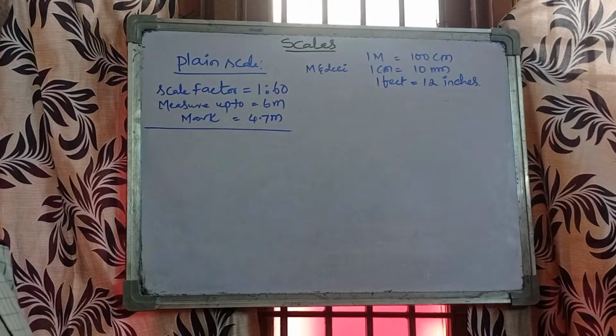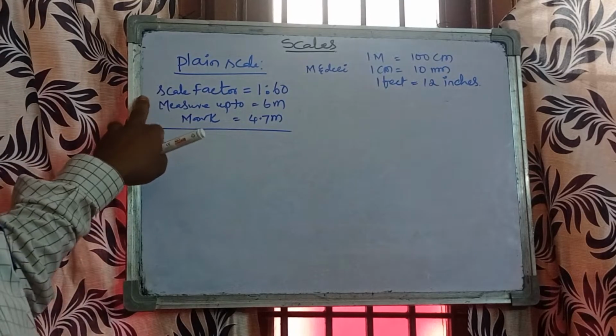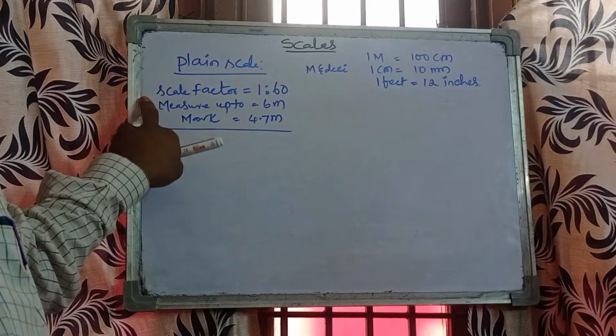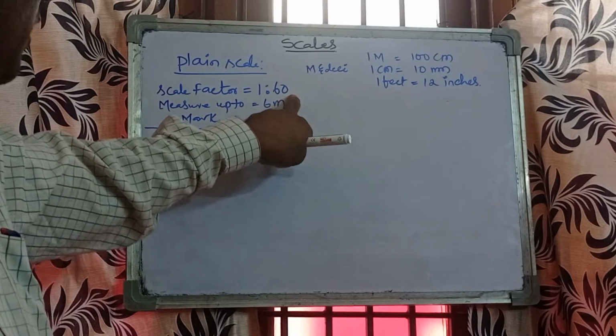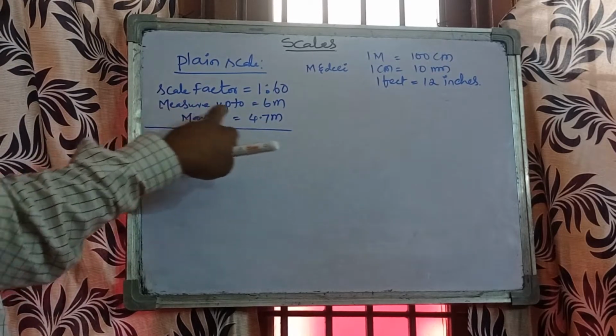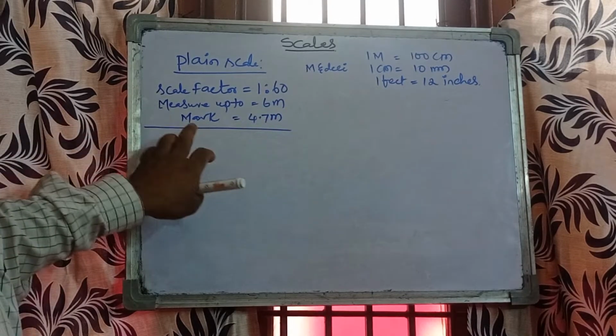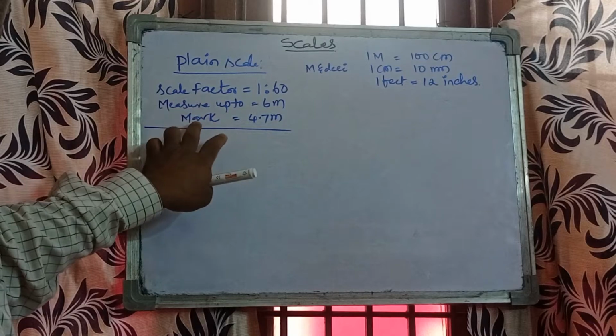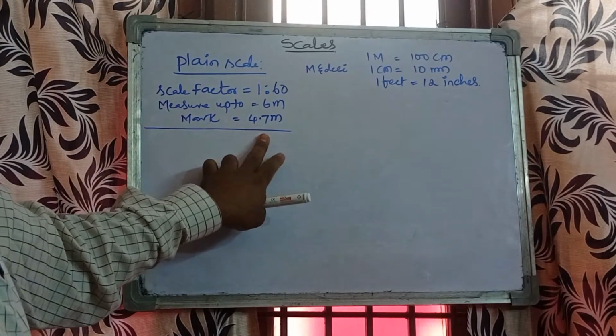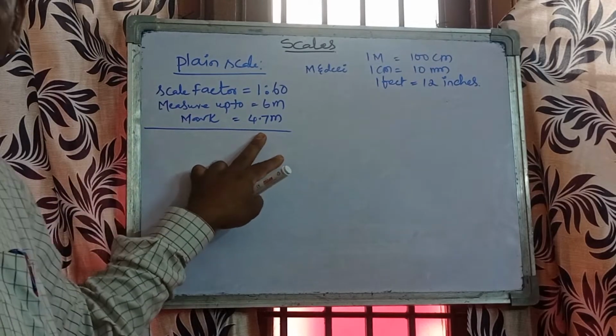Here the scale factor is given as 1:60, and the total length of the scale is 6 meters, and on that 6 meter scale we have to mark 4.7 meters. So I will tell a simple logic today.